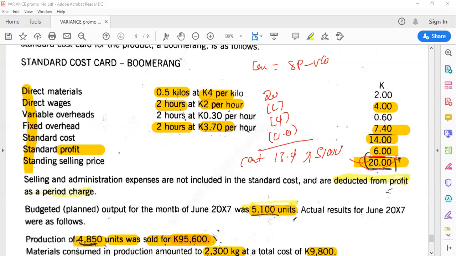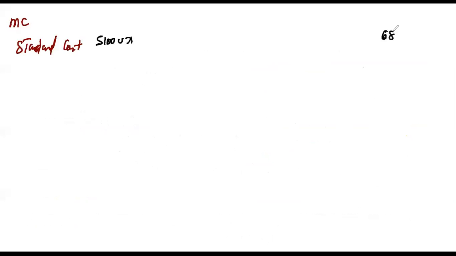Very good. So that's how you do it under marginal costing principles. These are free marks in the exam. So we get our 68,340. Have you seen? Yes.